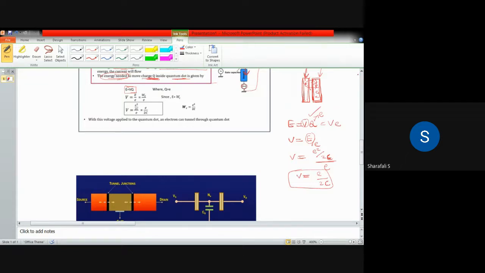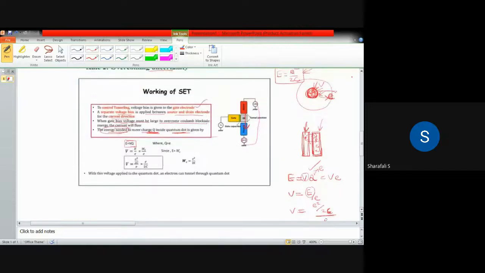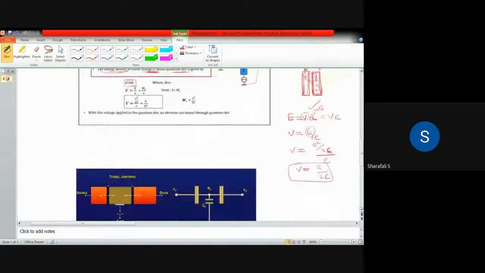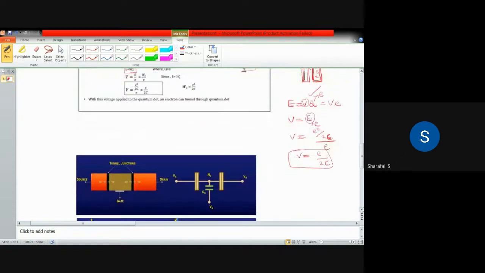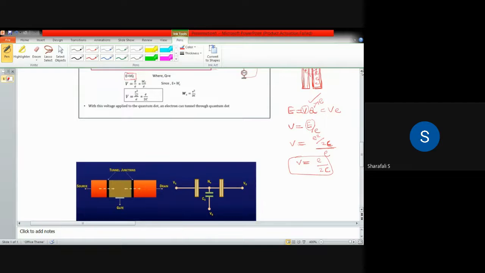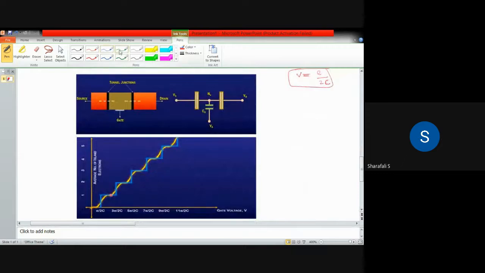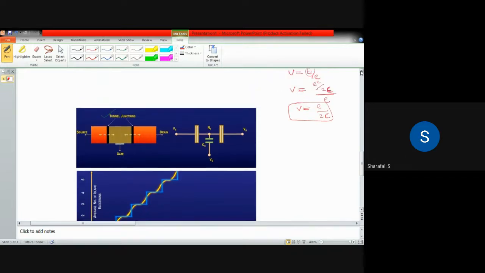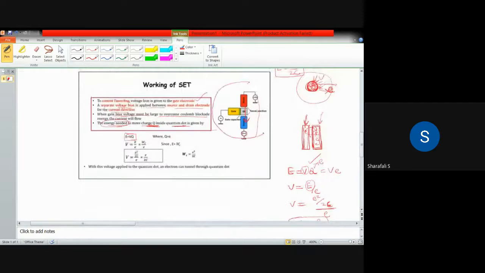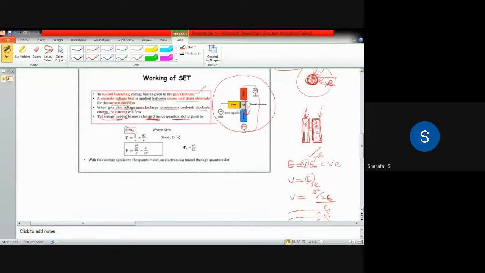So now let us consider the operations when you apply that much of potential, what will happen. Let us consider this figure here. This is the same figure, reduced somewhat. We just represent only those junctions here.